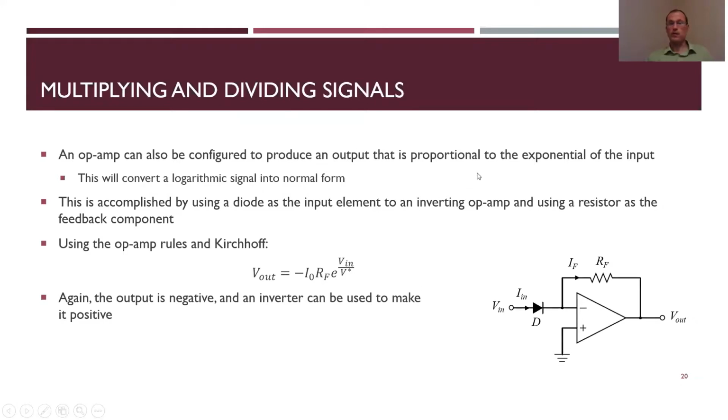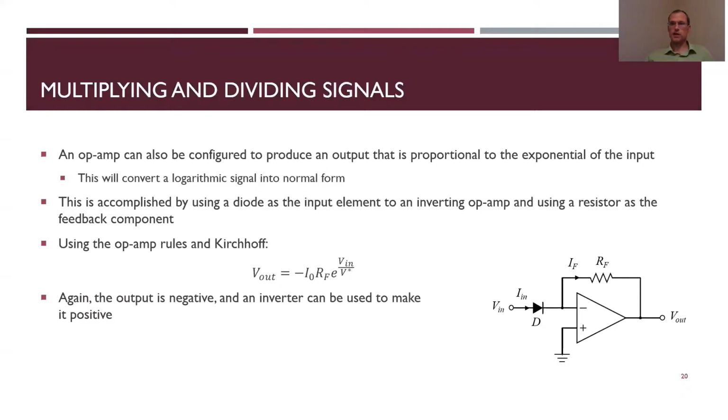And then, of course, if you convert things into logarithmic form, add them, subtract them to multiply or divide, we're going to need to convert that back into exponential form to get the actual value. And so we need an op amp to do that as well. To do that, we basically switch the positions of the resistor and the diode in the previous circuit. So this op amp here will convert my logarithmic form back into normal form, or in other words, I'll take the exponential of whatever I'm feeding it.